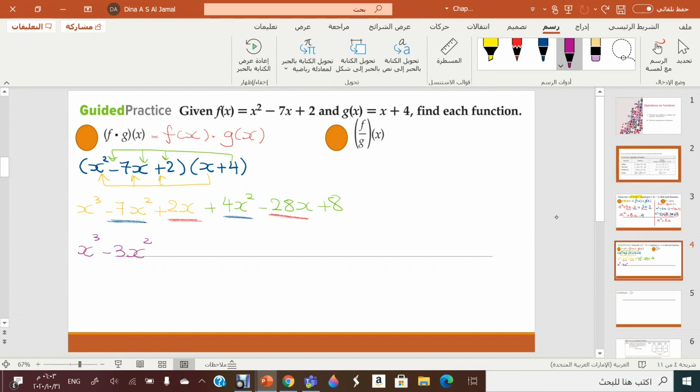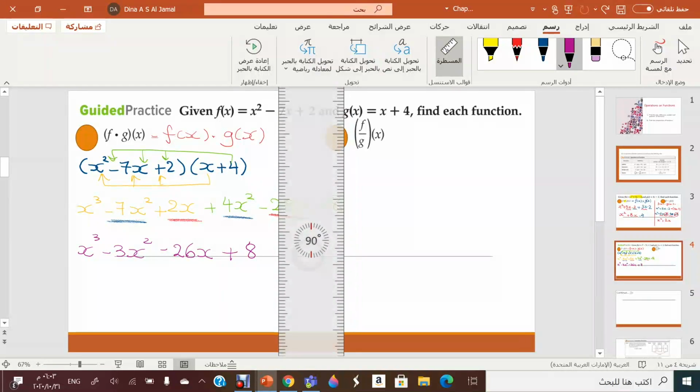Then you have 2 minus 28, which gives you minus 26x, and you are left with 8 as it is. And there is no limitation in this question.